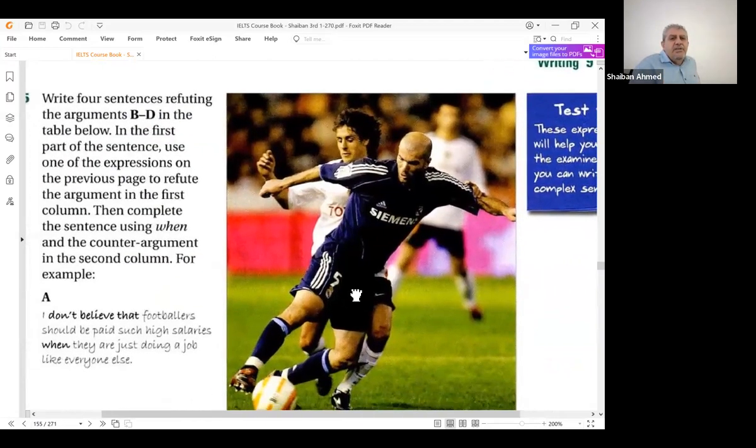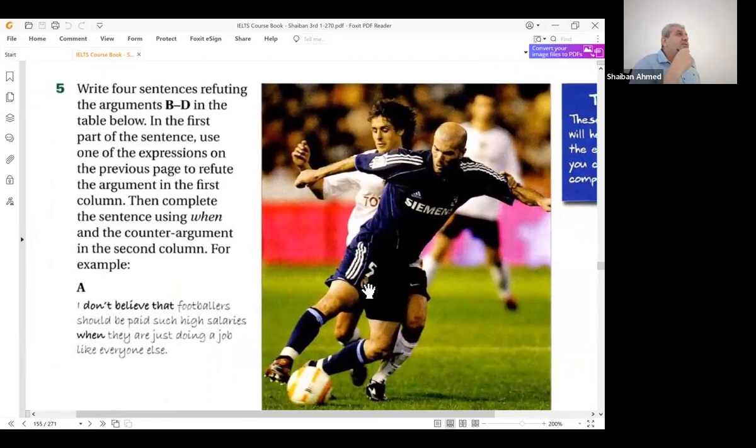Now, question: do you think famous footballers, famous people, famous actors or actresses should have very high salaries?